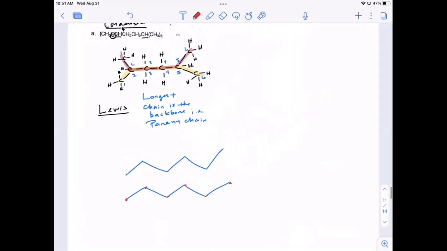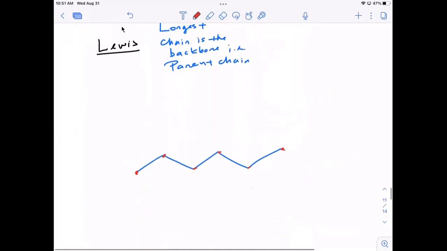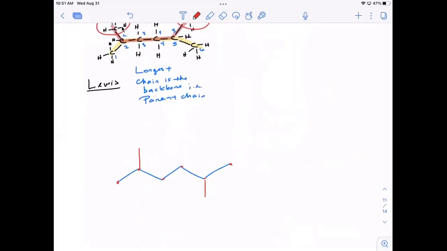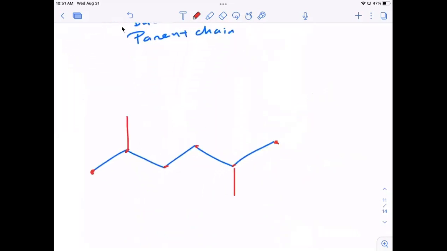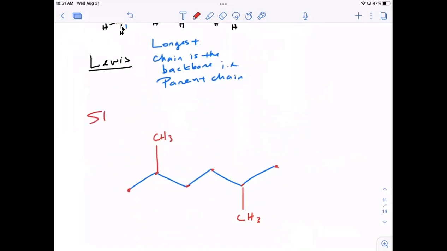Now, if you look at the Lewis form, I'm missing 2 carbons. I'm missing this one and this one, so I'm going to put them in right here. So now I have a total of 8 carbons, but there are 6 carbons in the longest chain. This is a CH3, this is a CH3. And this is my skeletal form.